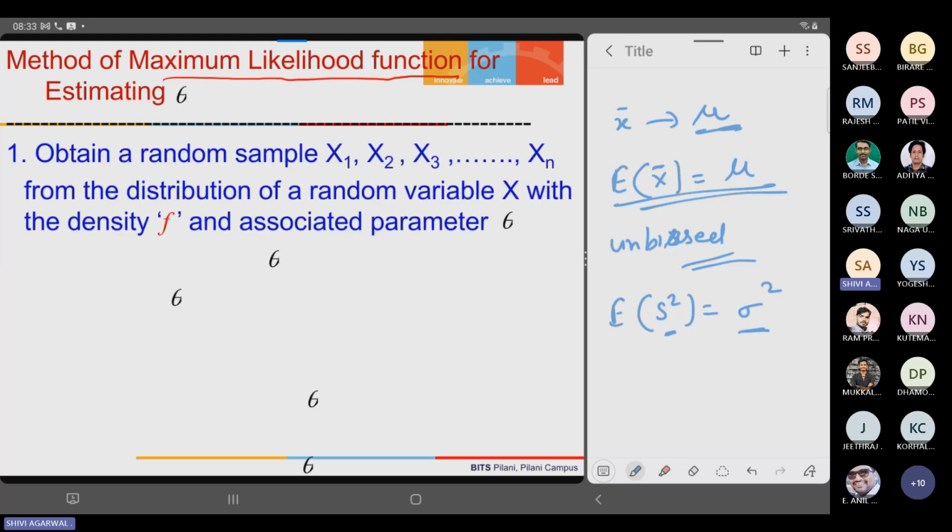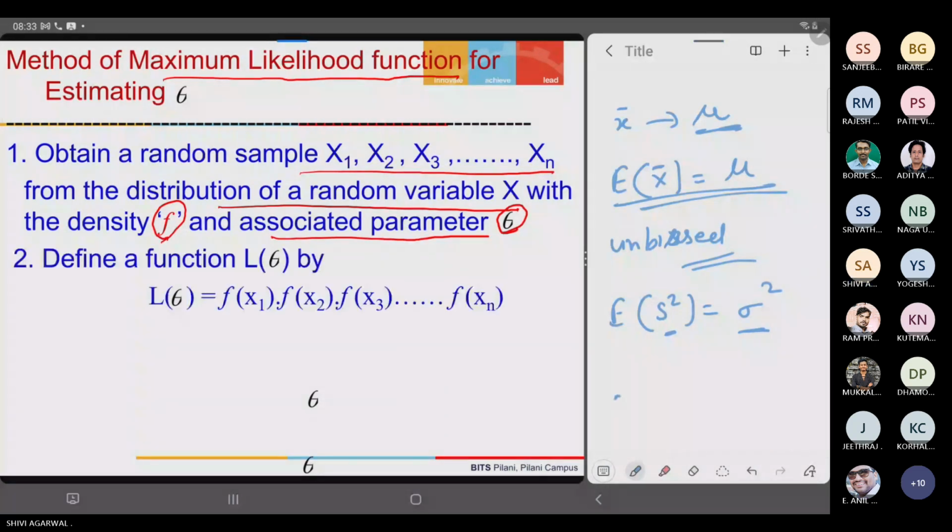Once I obtain a random sample from the distribution of a random variable x with density f, because it is a random sample, they have the same, identical distribution. So the density function is f for all, and the associated parameter is theta. Correct?